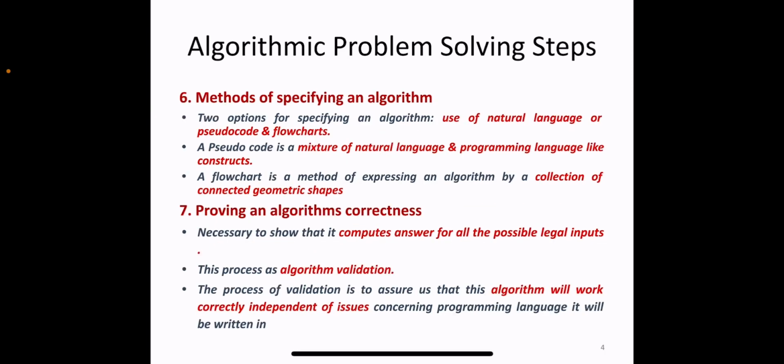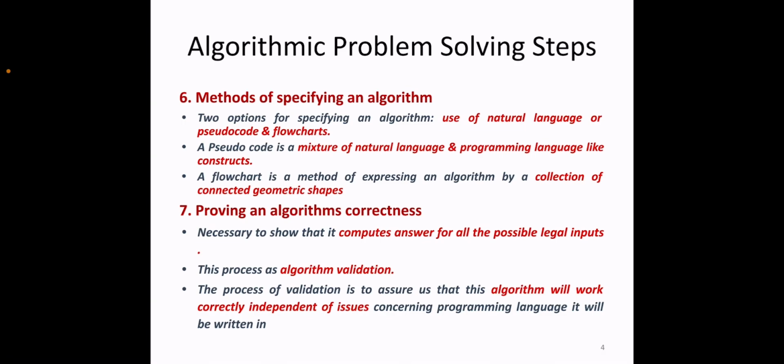Then the next one is methods of specifying an algorithm. In which method you are going to specify an algorithm: by using natural language, pseudocode or flowcharts. Pseudocode is defined as a mixture of natural language and programming language.